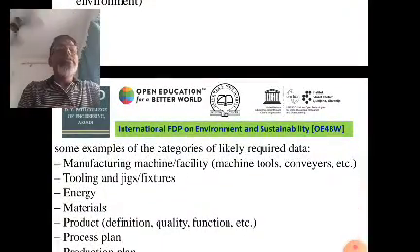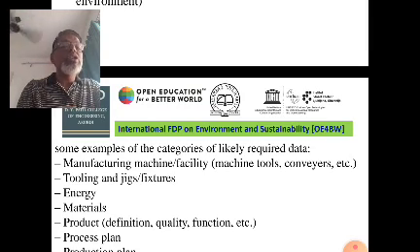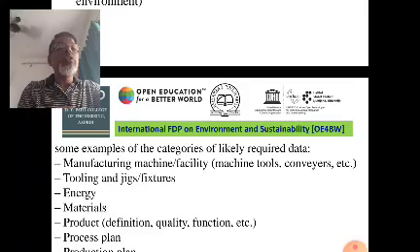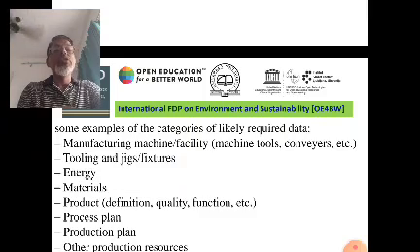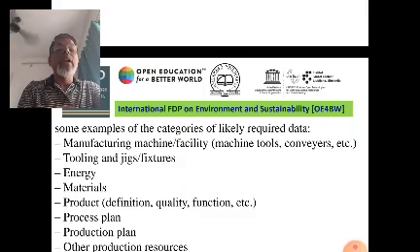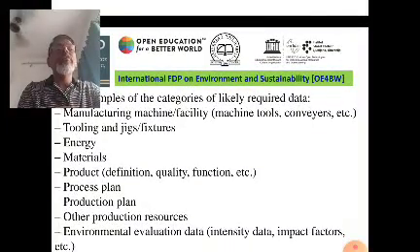Some examples of categories of likely required data in the manufacturing industry are the manufacturing machine, facility, machine tool, conveyors, tooling and jigs and fixtures, how much energy is consumed, and materials, the different types of materials. Then the product: definition, quality, function.